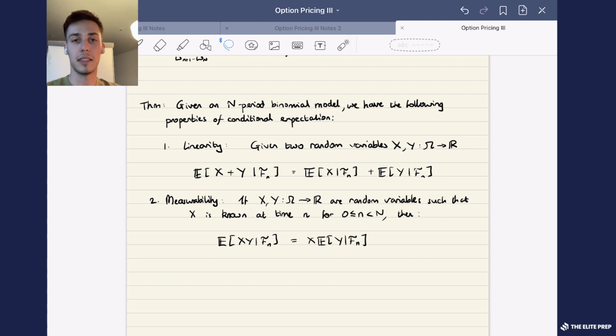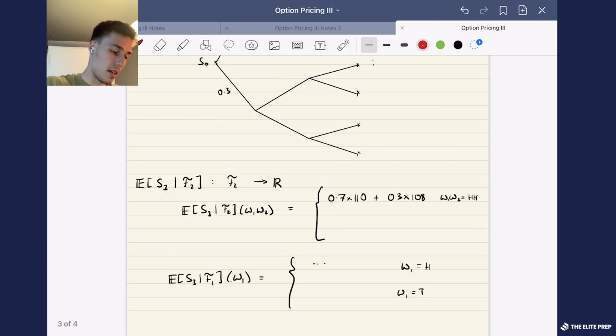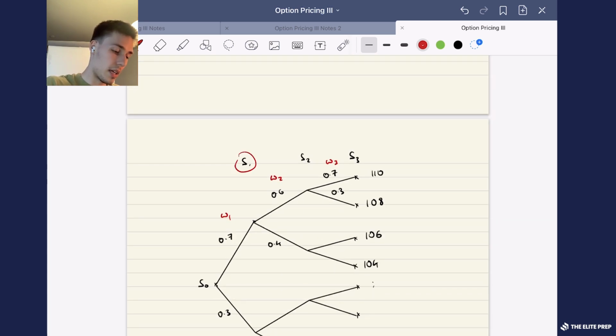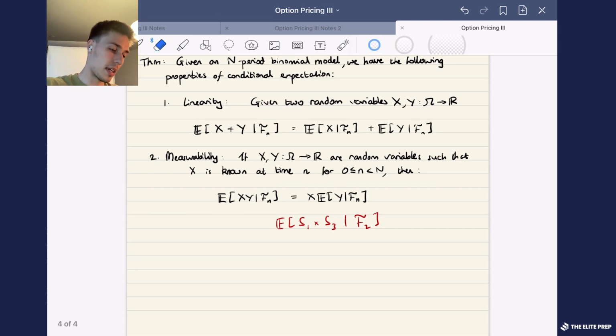So an example here is if we were computing the expected value of S1 times S3 conditioned on F2, then S1 we actually know by this time because we know the path that we've taken, so we know the price that S1 had. So in that case, this is equal to S1 times the expectation of S3 given F2. So that's just one example.